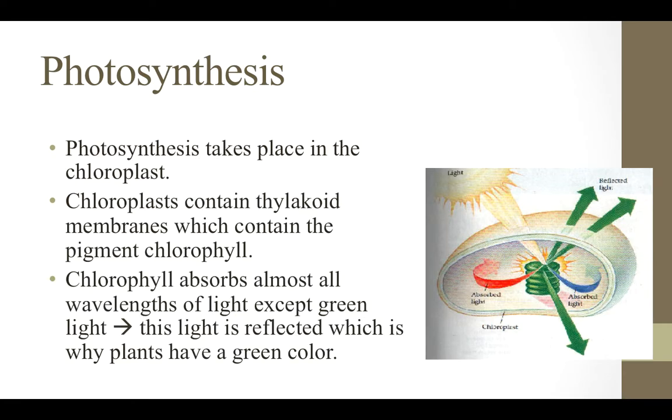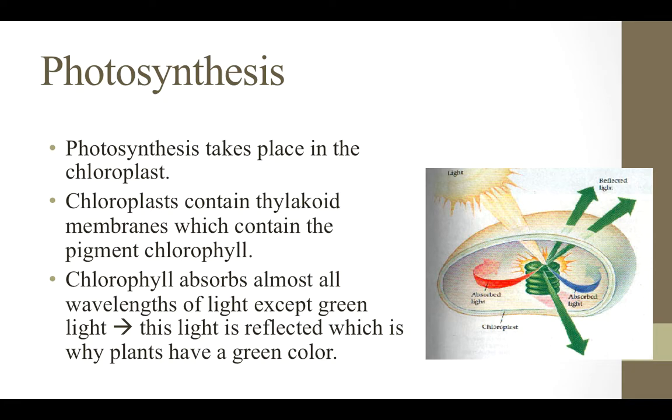Photosynthesis takes place in the chloroplast. The chloroplast is an organelle which is exclusive to plant cells. If we recall, chloroplasts contain thylakoid membranes which contain the pigment chlorophyll. Chlorophyll is a pigment which absorbs almost all wavelengths of light except green light.